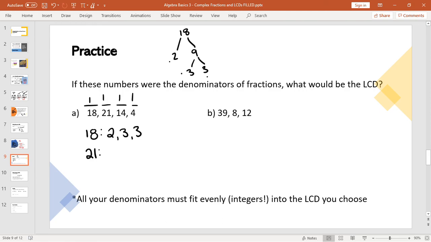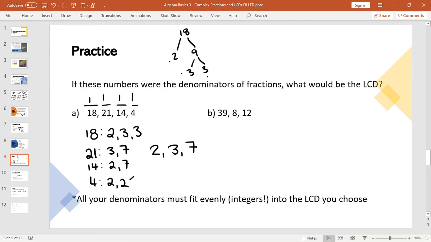21 is easy. 3 times 7, both prime. 14 is easy. 2 times 7, both prime. And 4 is easy. 2 times 2. So what are my unique things? I have 2's, I have 3's, and I have 7's. Where are the most of them?